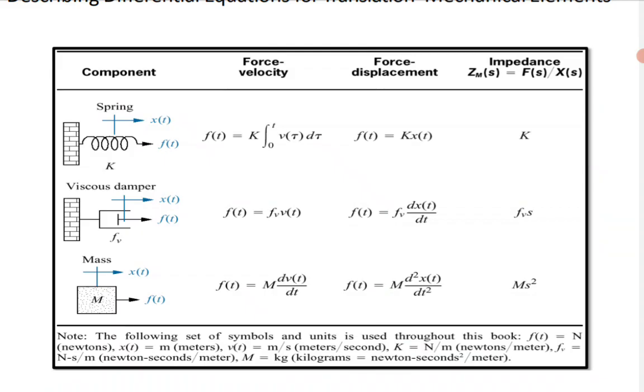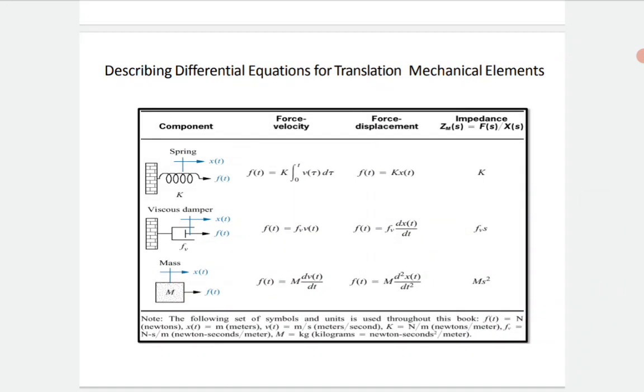Then the force-velocity relationship, from Newton's second law, is F of t is equal to m into dv of t by dt, where dv of t by dt is nothing but acceleration. Force-displacement is F of t is equal to m d2x of t by dt square. Impedance is ms square. So that thing should be in your mind when we solve the respective mechanical system problem, electrical system problem, or sometimes electromechanical problem also.